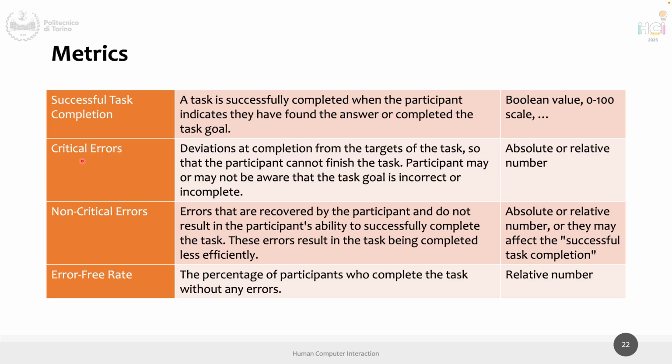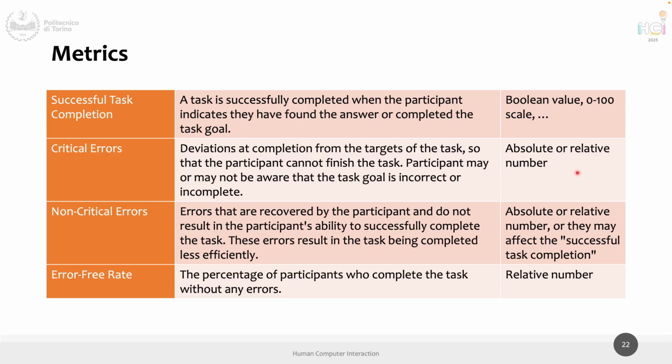And the participant may or may not be aware that the task goal is incorrect or incomplete. So the task is X, the participant does Y and tells you I've done. So of course the task is not completed, and in saying I'm done, this person could have made one or more errors with the interface that deviate from the task.